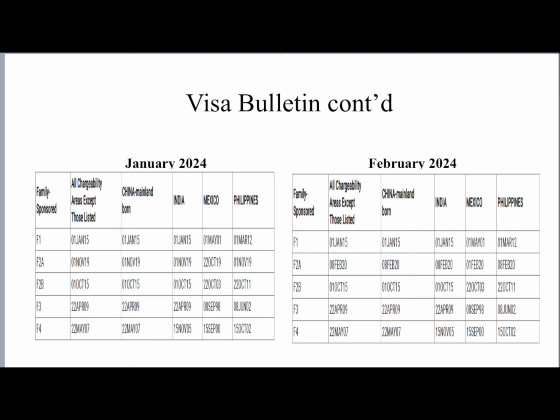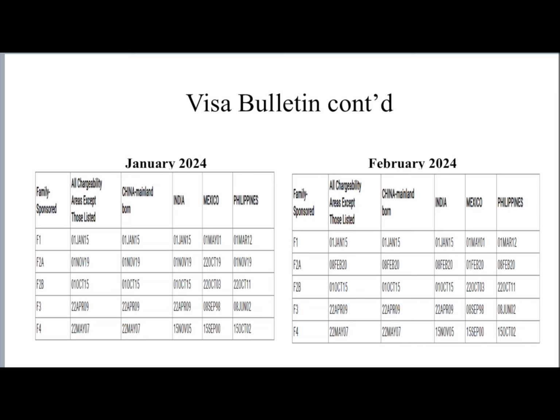So check the February 2024 bulletin. It's right here, and I already went through who falls into which category. So check which category you are in and look at your priority date and compare it to the dates that correspond with your category.